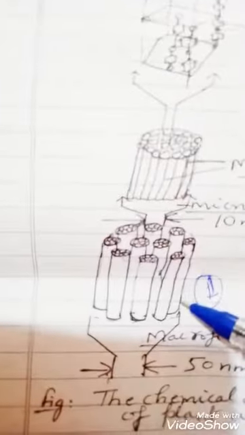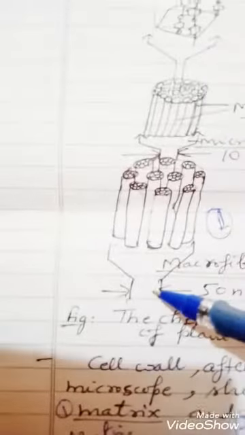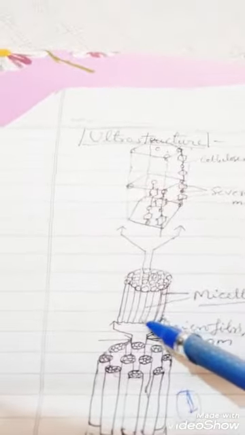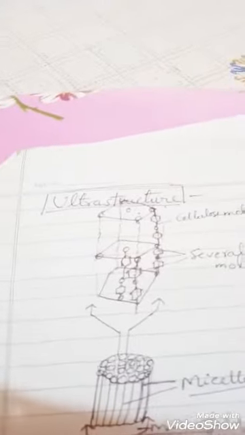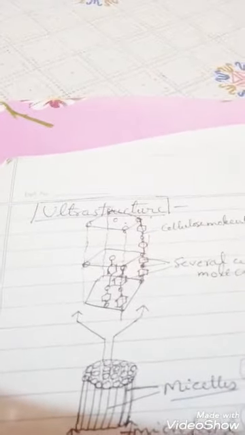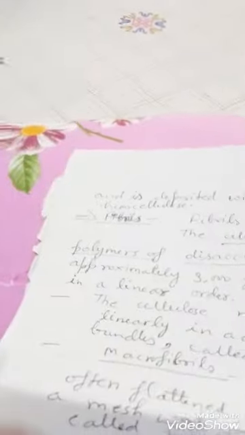So each macrofibril consists of microfibrils, each microfibril consists of micelles, and each micelle has several cellulose molecules irregularly scattered within it. This is the organization of cellulose at different levels in the cell wall.